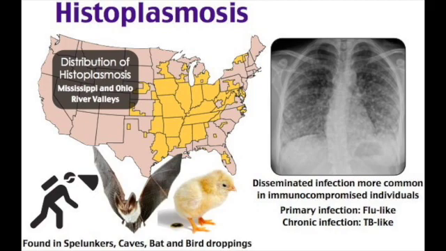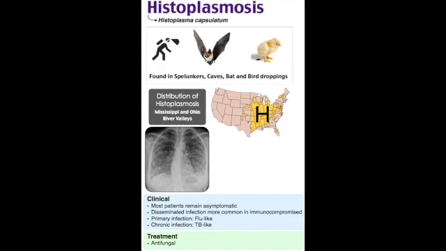Risk factors for histoplasmosis are immunocompromised, of course, AIDS-defining illness with a CD4 under 150, and usually they're asymptomatic, but they may have some flu-like symptoms. They may have some atypical pneumonia symptoms like non-productive cough, myalgias. If it's disseminated, a risk factor is immunocompromisation, and hepatosplenomegaly, fever, etc. It can mimic tuberculosis if it's disseminated histoplasmosis.